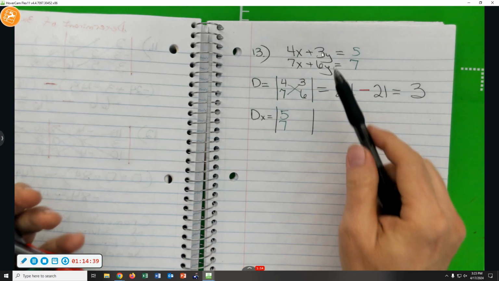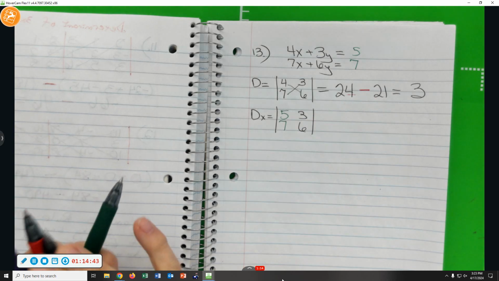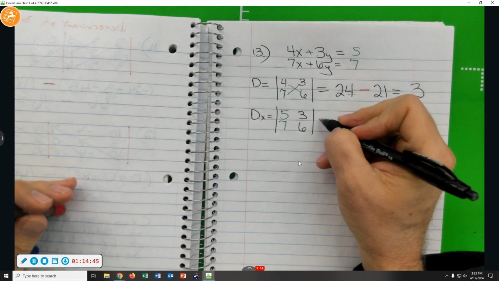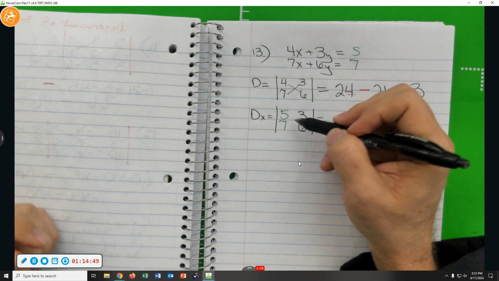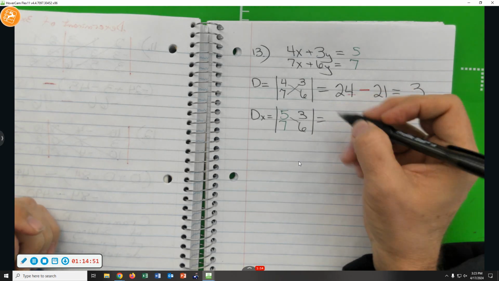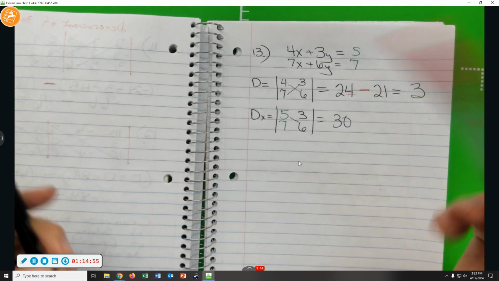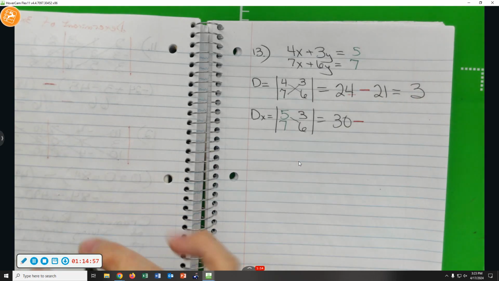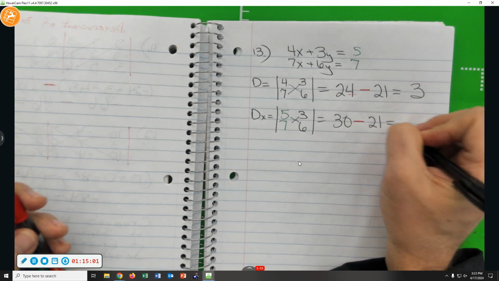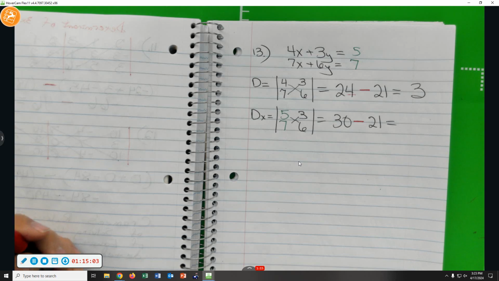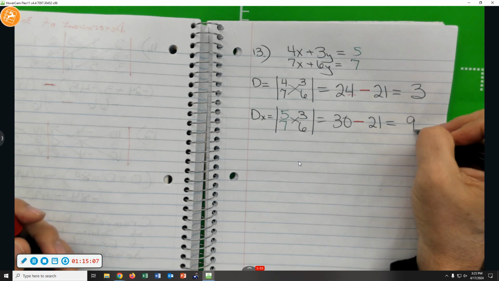The y column, you leave as 3 and 6. Again, he loved working with numbers, and he figured this out. Multiply, that's 30, minus, that's from the formula, multiply is 21. 30 minus 21 gives me 9.